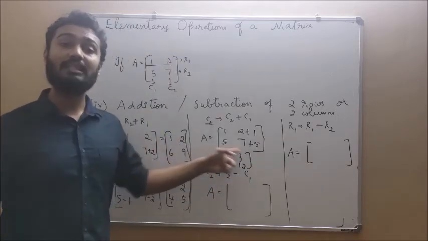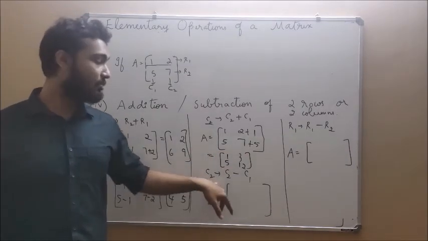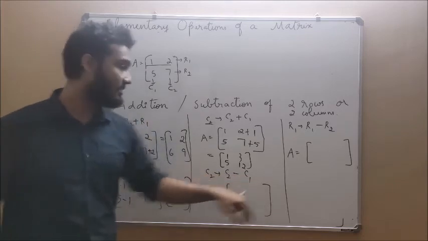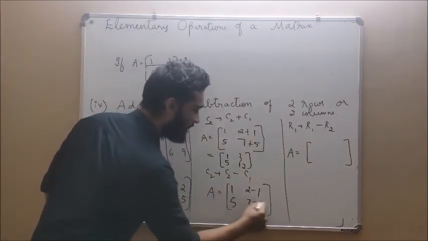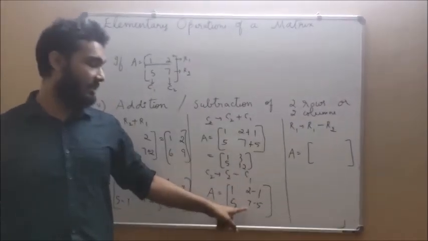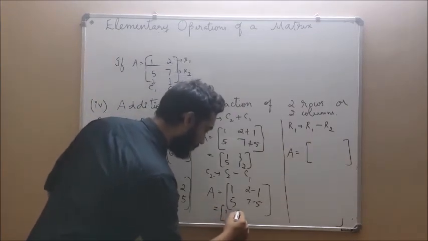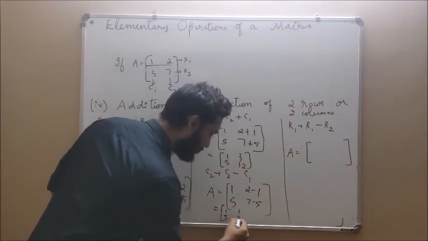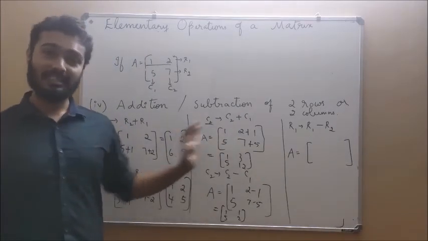So this becomes 1, 3, 5, 12. Similarly, C2 changes to C2 minus C1. It is 1, 5, 2 minus 1, 7 minus 5. So it is 1, 5, then 2 minus 1 is 1, 7 minus 5 is 2. Okay. So you understood these examples.